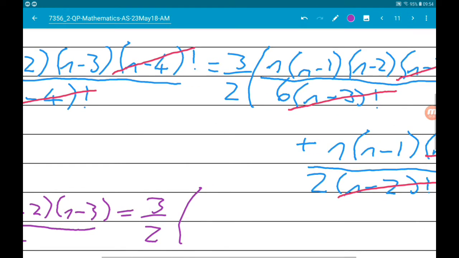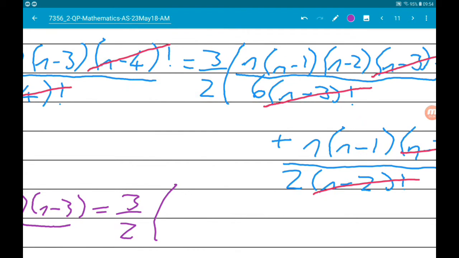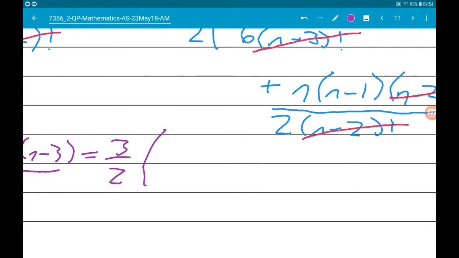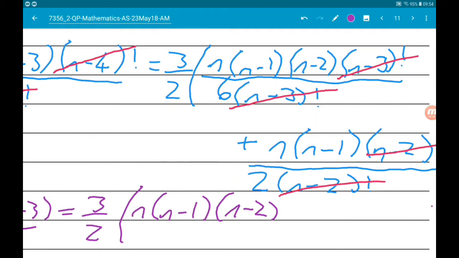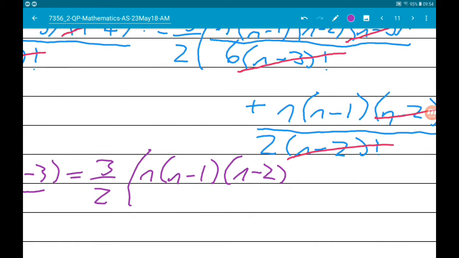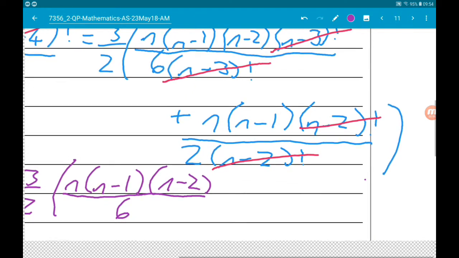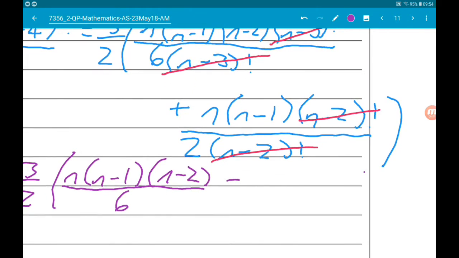So here we've got n times n minus 1 times n minus 2, the n minus 3 factorials cancel, so then we just got 6 on the bottom, and then the third term is just going to be n times n minus 1 over 2.